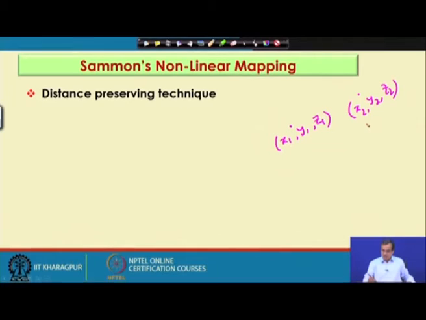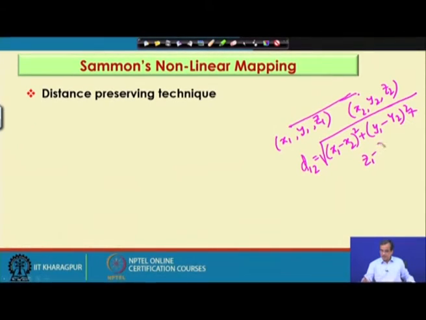So, we try to find out the Euclidean distance between these 2 points, and the Euclidean distance between 1 and 2 is nothing but the square root of (x1 minus x2) squared plus (y1 minus y2) squared plus (z1 minus z2) squared.